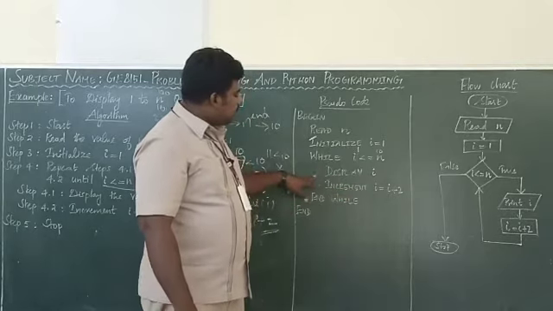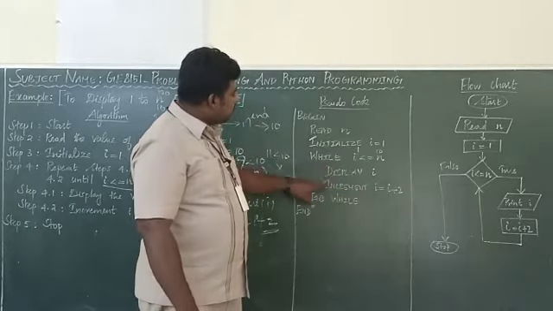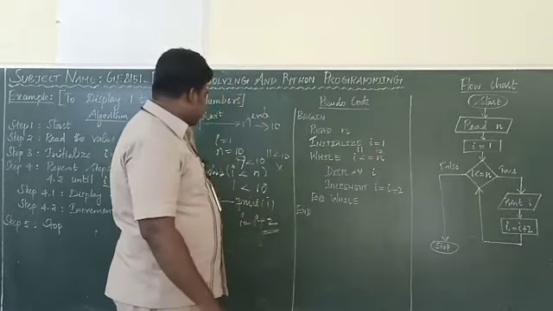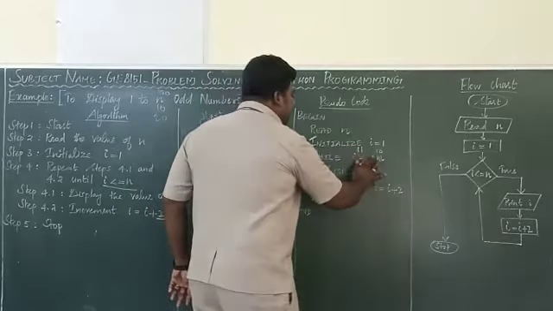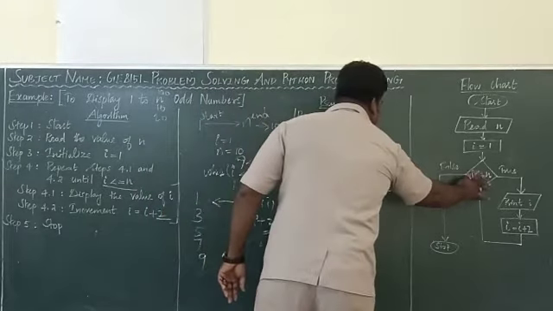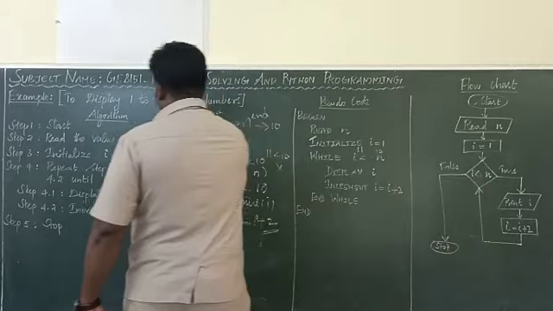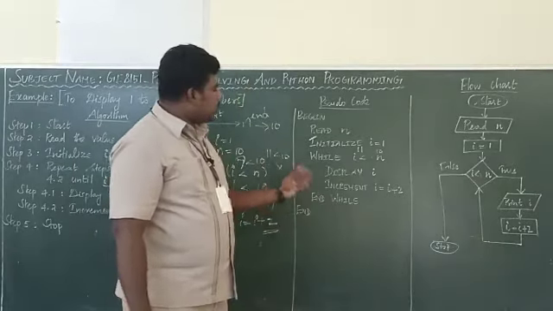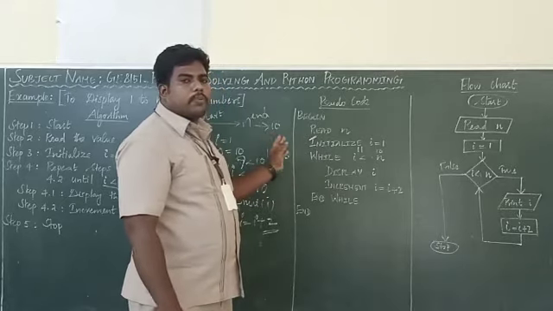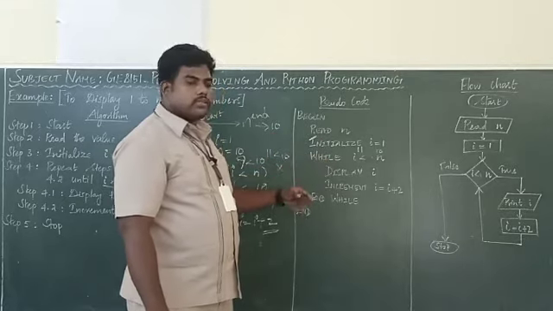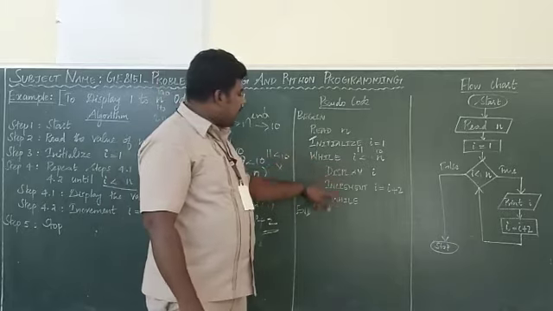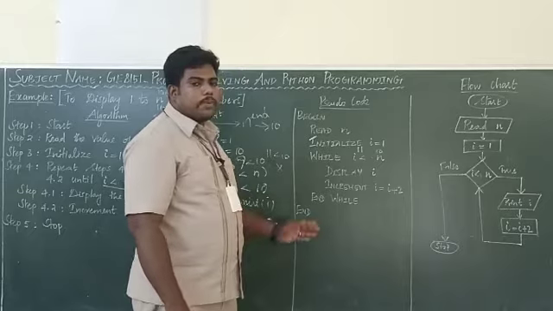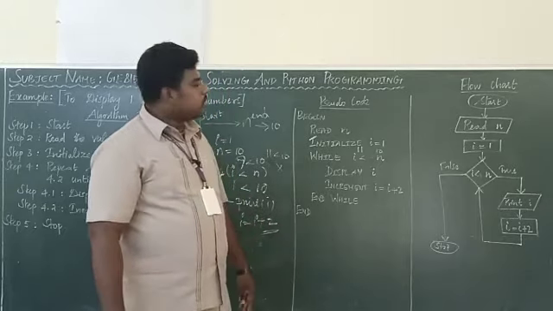Sorry, here 1 to 10 is enough, right? Less than n is enough, no need for less than or equal to, because you are going to print till 9 only. So display I, then I plus 2, it will iterate again and again, come out of the loop and end the pseudo code.